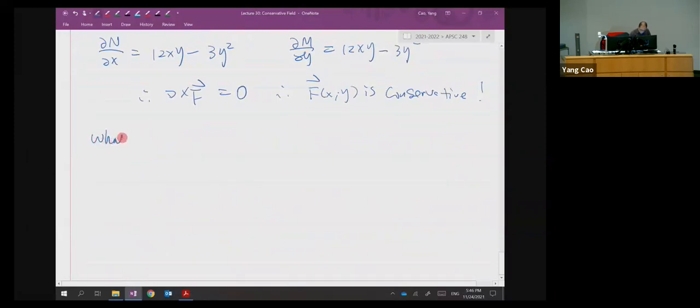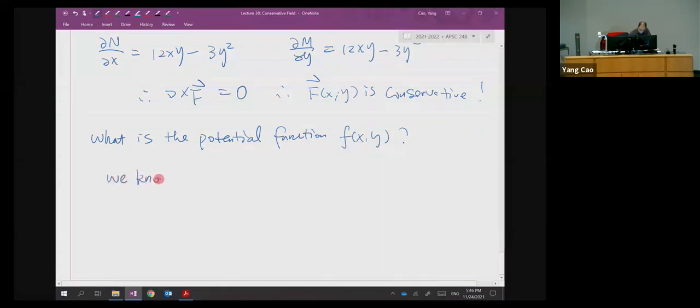So what is the potential function f? Because this is 2D, we're looking at a scalar function of two variables, f of x, y. Here's how we can find f. It involves multiple steps.